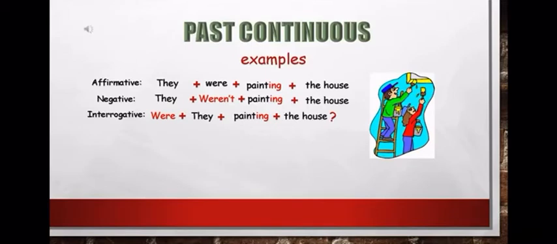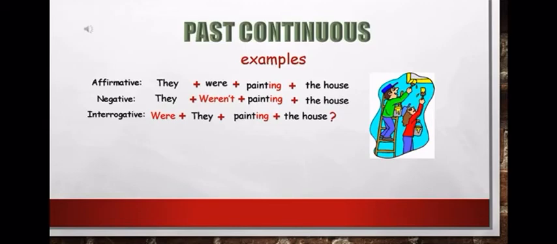These are some examples in past continuous. An affirmative sentence could be: they, that is the subject, were, verb to be in past, painting, verb plus ing, the house, complement.